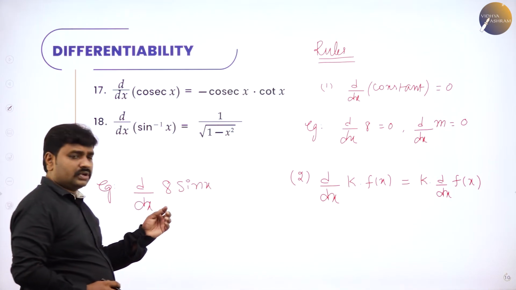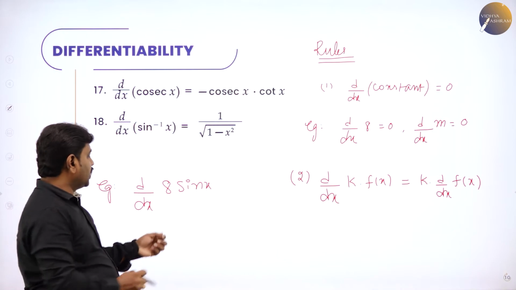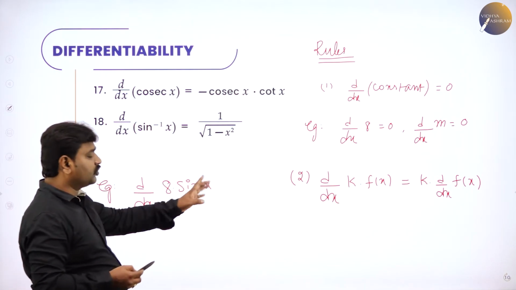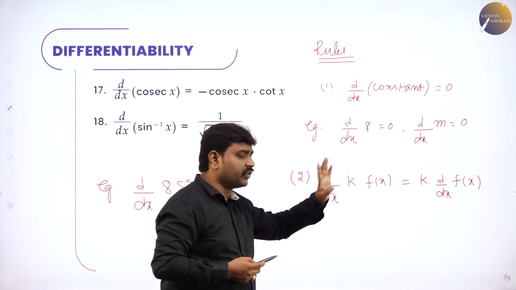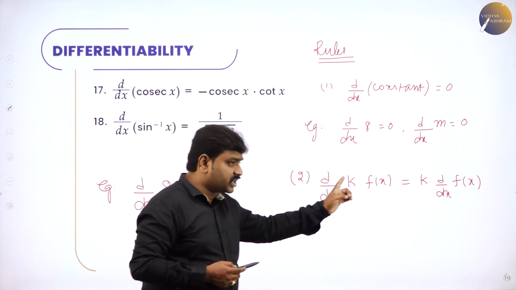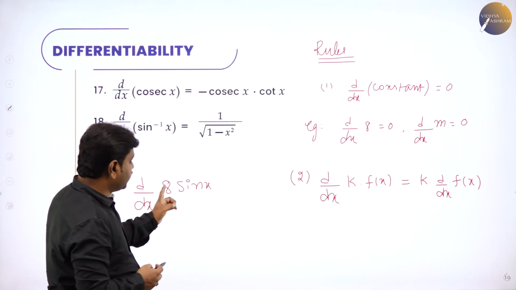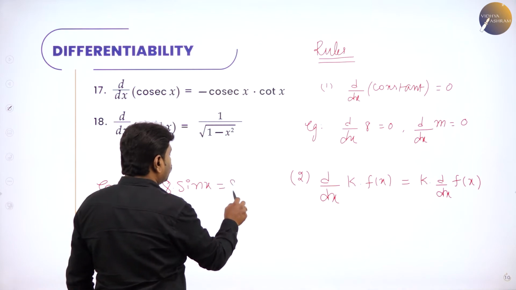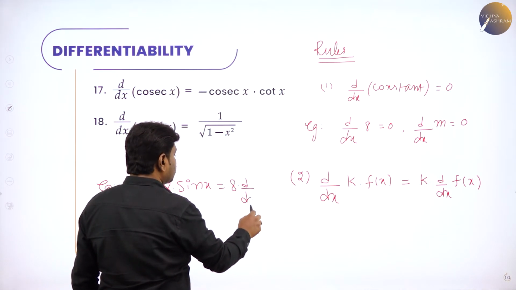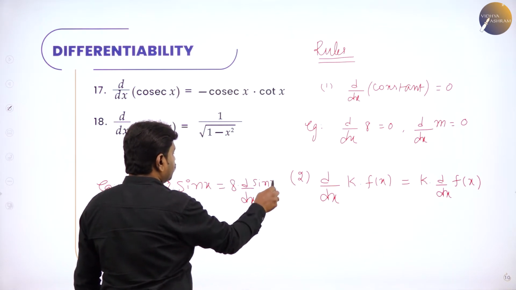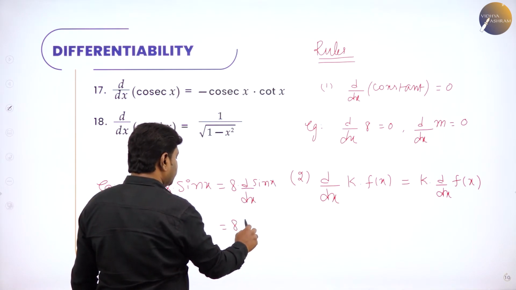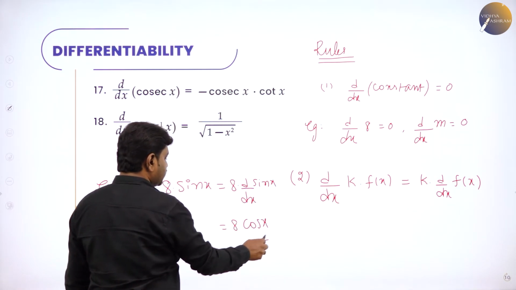All of you know 8 is a constant, and we don't have 8 alone, we have 8 into sin x. It is in the form of k into f of x, constant into function. Take 8 out and apply d by dx only to sin x. So 8 into the derivative of sin x, which is cos x. So the answer is 8 cos x.